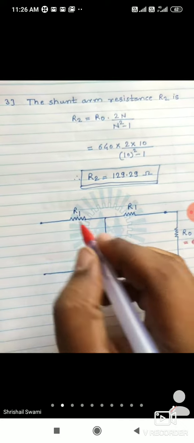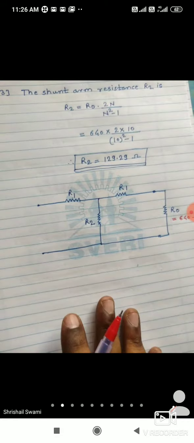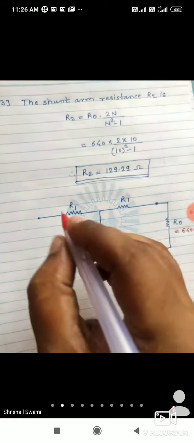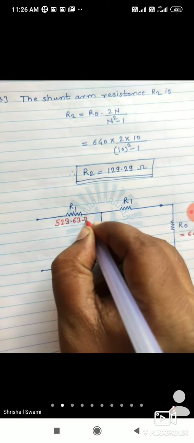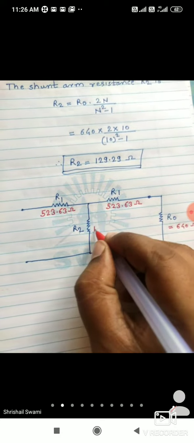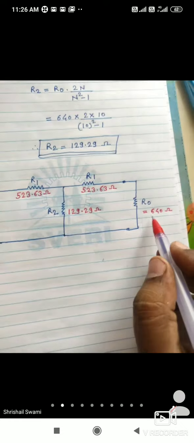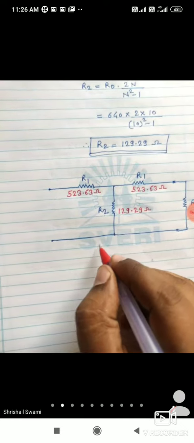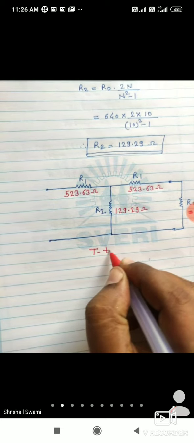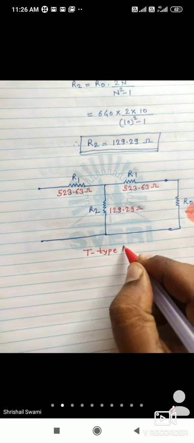R1 we got 523.63 ohm, and R2 is 129.29 ohm. So this is R0 we have written. Below this you can write T type attenuator.